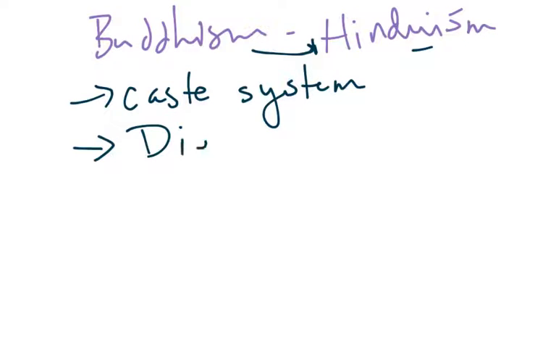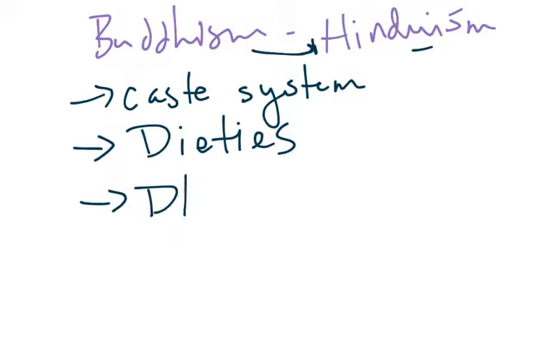The next is the deities, or the pantheon of Hindu gods. Buddhism doesn't outright say, they're gone, they're false, but they're not important. They don't have an influence on your life. They're not relevant. What really matters is you and your road to enlightenment.